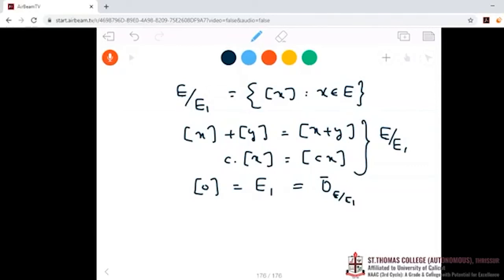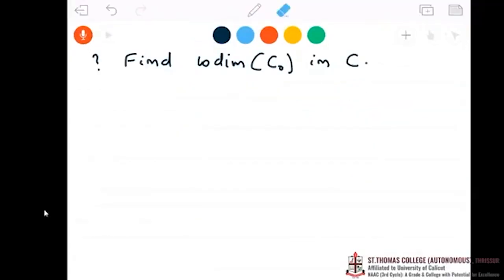Since E over E1 is a vector space, it will have a dimension. So the dimension of E over E1 is known as the codimension of E1. Now let's do this problem. Find the codimension of c0 in c.